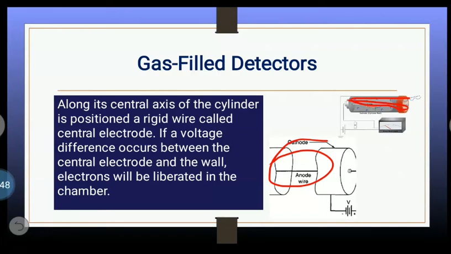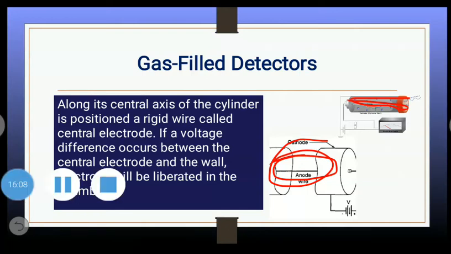Anode, because the electrons are negatively charged, so of course they are attracted to that positive center. Anode is positive. If a voltage difference occurs between the central electrode and the wall, electrons will be liberated in the chamber.